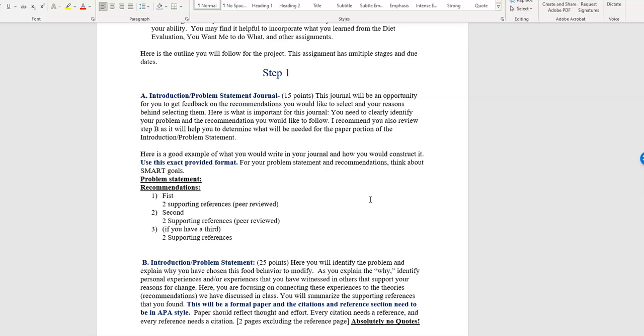So one of the ways students lose points is, for example, my problem statement might be, everyone on my father's side has died of cardiovascular disease, including my father. Therefore, I'm at risk genetically and inherently for cardiovascular disease. So my recommendations would probably be eat more vegetables, fruit, high grain, low meat, so on.